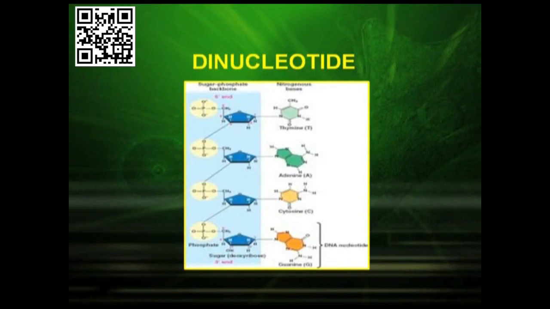As in the picture, you can clearly see the nitrogenous base is attached to the sugar. The sugar is attached to the phosphate group and there is a linkage between the 3' and the 5' between the two nucleotides. Now let us have a look at how the polynucleotide looks.